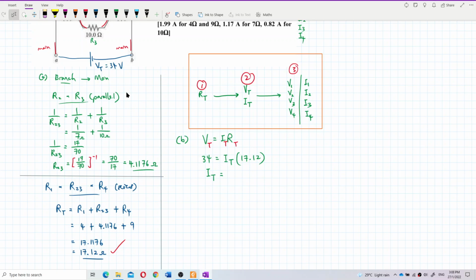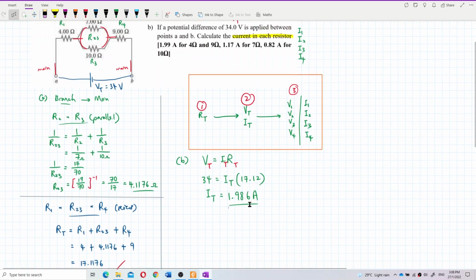I got the total current as 1.986 ampere. I put more decimal places, so it's more accurate. So I got the total current.